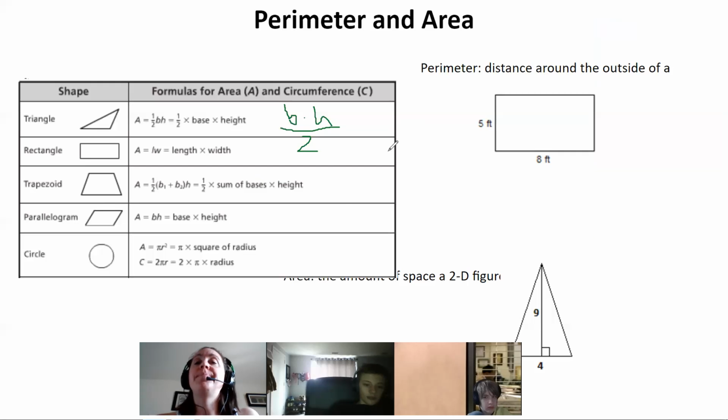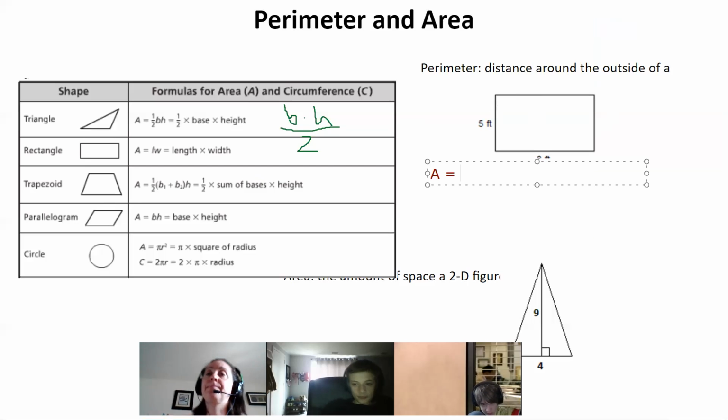Okay, so this first one here, this is a rectangle. What would the area of this rectangle be? 40. Yeah, 5 times 8 is 40.